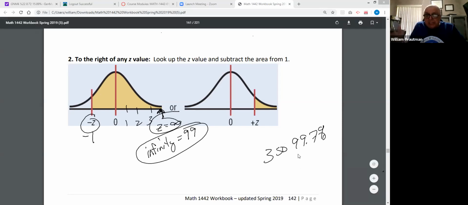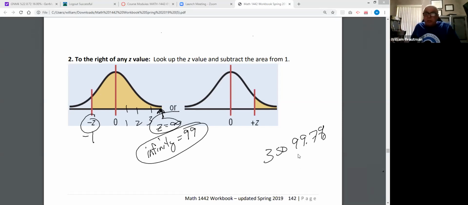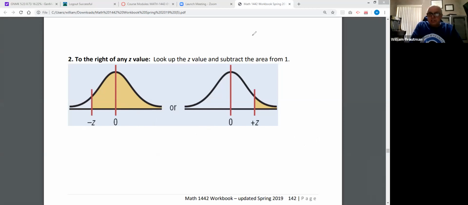So 9 standard deviations is pretty much 100%. I'm calling infinity a z value of 99. So we're just going to use 99 when we get to it. All right. I know this doesn't make sense yet until we do an example.